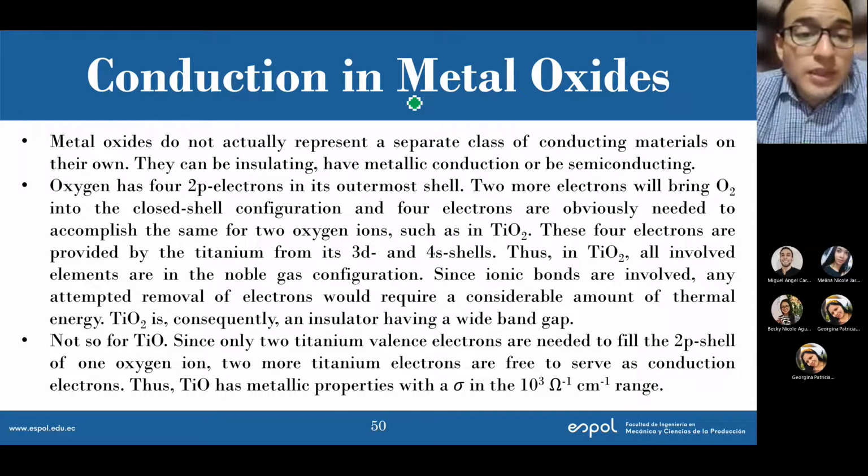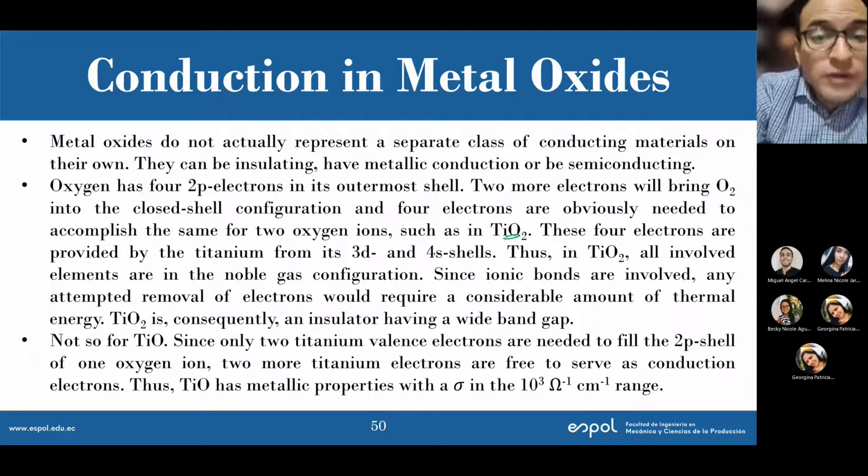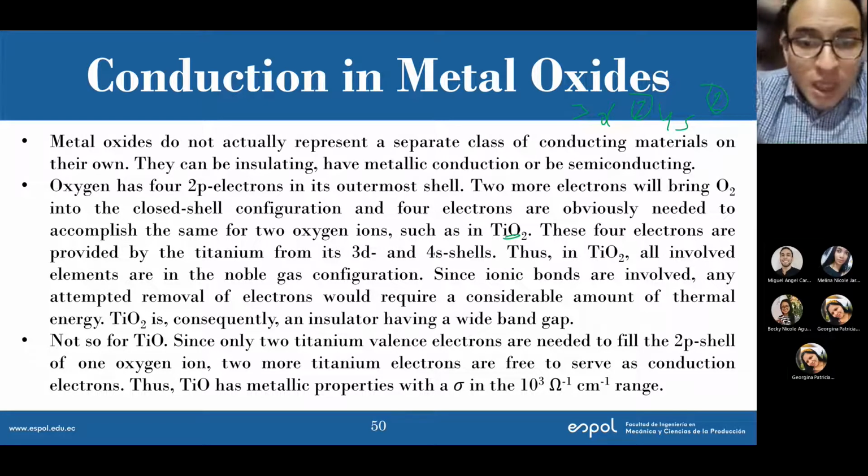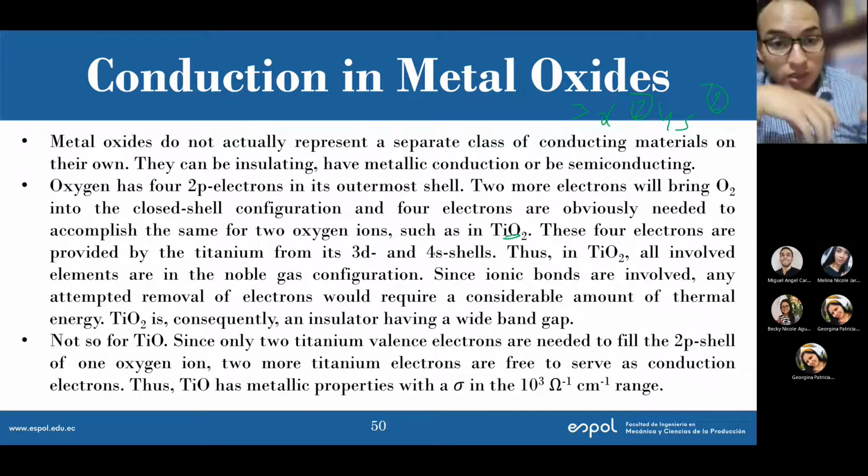And that's, for example, something that happens in titanium dioxide. If you remember the electronic configuration of titanium, the important part is that it finishes in 3d2 and 4s2, and again, this is something we saw in ceramics. So if I'm talking about titanium dioxide, I need to use these 4 electrons, and therefore the 4 electrons provided by titanium are all taken by the oxygen.